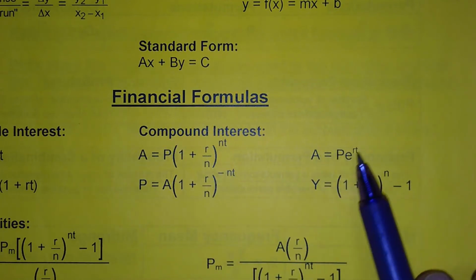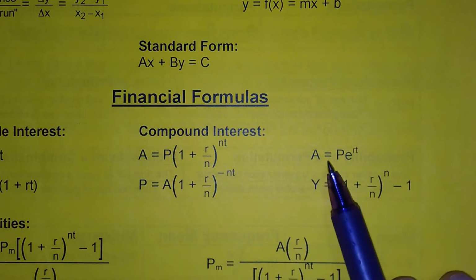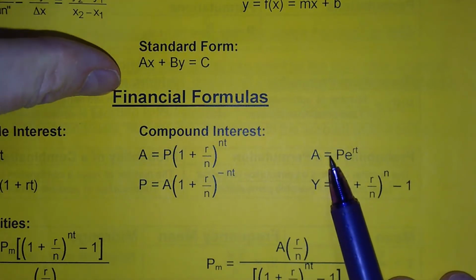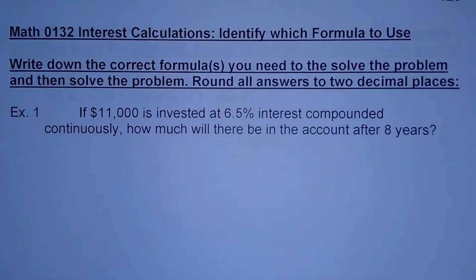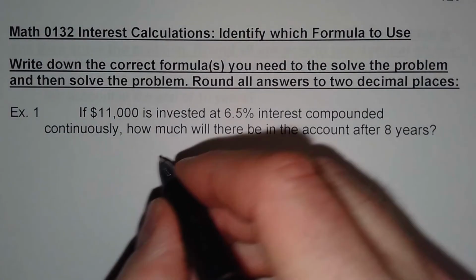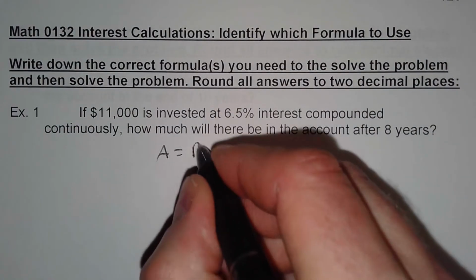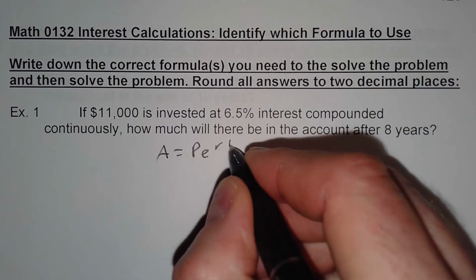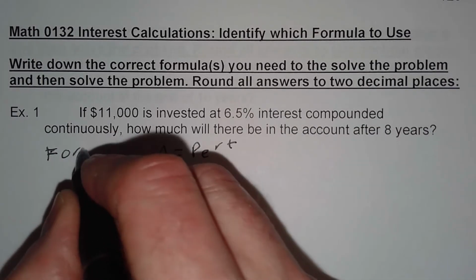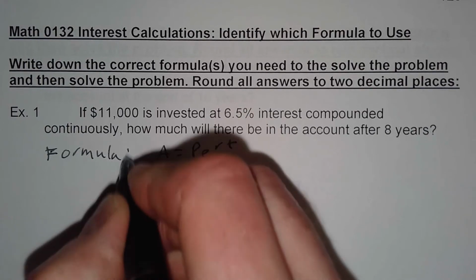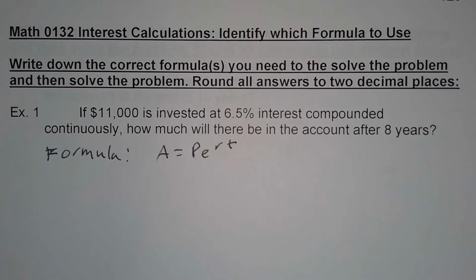And that only leaves us this first formula, which is our formula for compound interest when it's compounded continuously. So we're going to write down that formula. So that's the formula we're using. And now we're going to go ahead and use it.